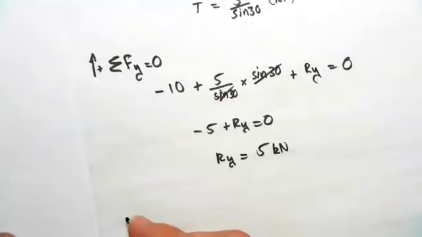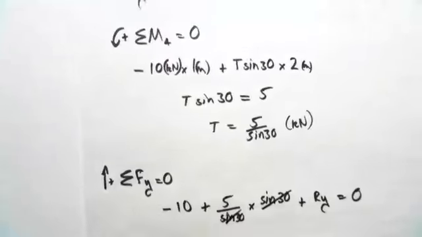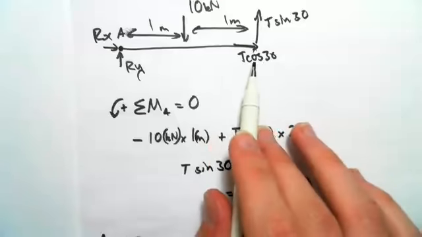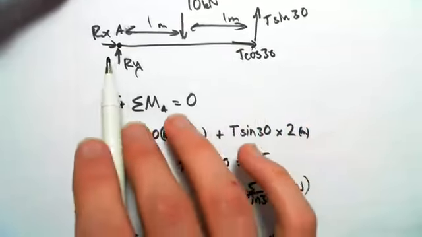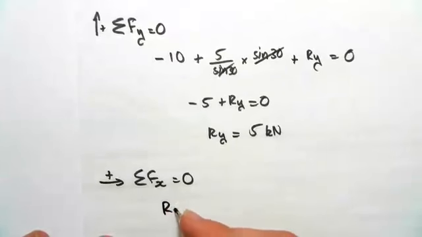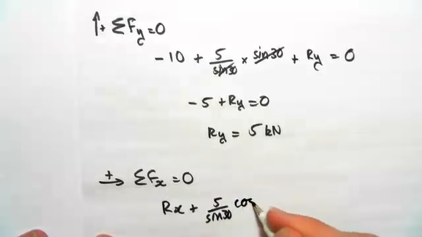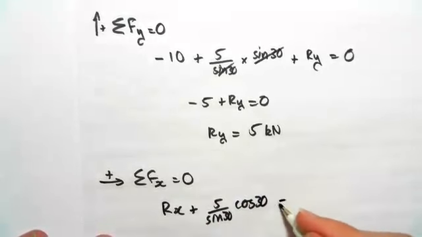Okay, and similar for the x, we do exactly the same process. The sum of Fx equals 0. So what's in the x direction? We've got Rx and we've got T cos 30. At the moment we've got them both pointing to the right, so they're both positive. So we have Rx plus, I'm just going to write in the value for T, which is 5 on sine 30, times cos 30, equals 0.